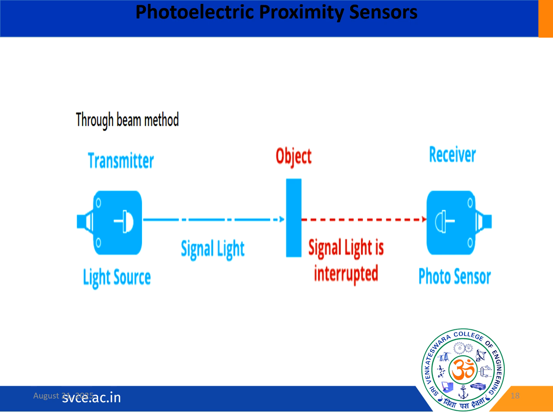The transmitter produces the light source and it is passed on to the object. Based on the receiver, the signal light is interrupted. Based on that information, it senses whether the object is present, or how far the object is placed from the light source.